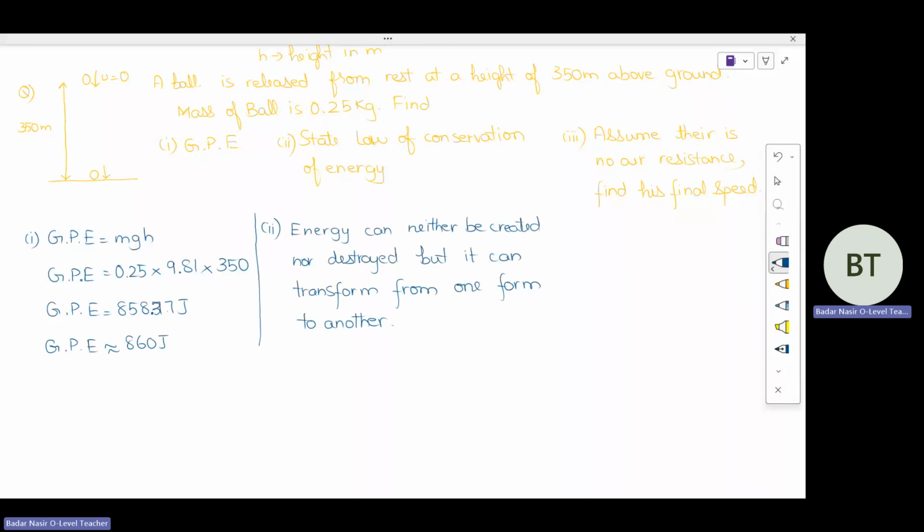कि आपके पास, let's say, अच्छा मुझे एक बात बताओ कि when the ball is at the maximum height, मतलब ये जब 350 meters पे है, तो इस point पे इसकी kinetic energy क्या होगी? What will be the kinetic energy when the ball was at the peak? Zero.